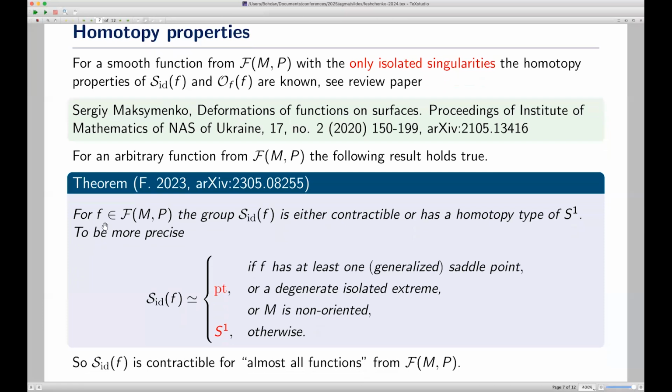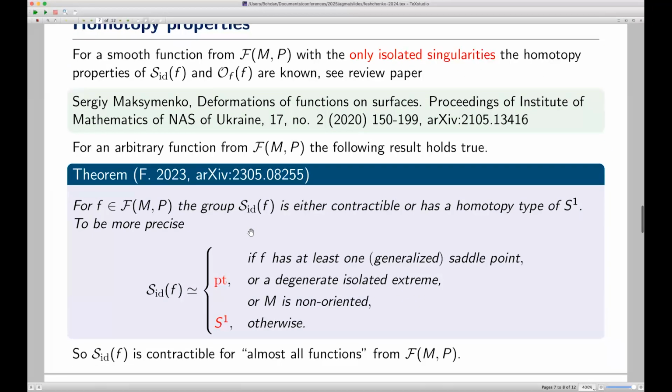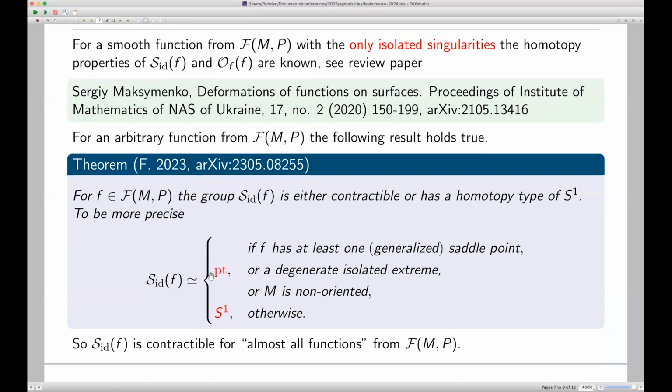So for any function from F, the connected component of the stabilizer is either contractible or has the homotopy type of a circle. To be more precise, the stabilizer is contractible if f has at least one saddle point or a degenerate isolated extreme, or M is non-orientable. And the stabilizer is homotopy equivalent to a circle otherwise.